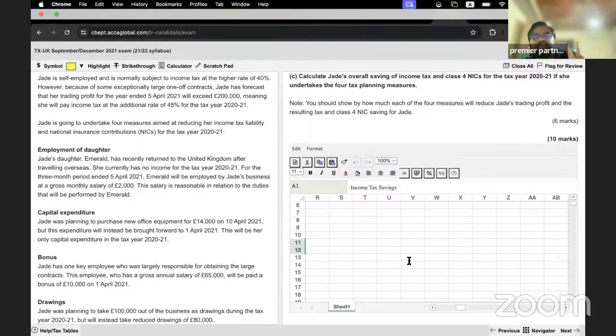Right. So there are two impacts coming into her tax adjusted trading profit as a result of employing Emerald. Her salary will create a deduction in the tax adjusted trading profit, plus the NIC Class 1 employer contribution paid on behalf of Emerald will also create a deduction. So two impacts are coming in. Are we agreeing?